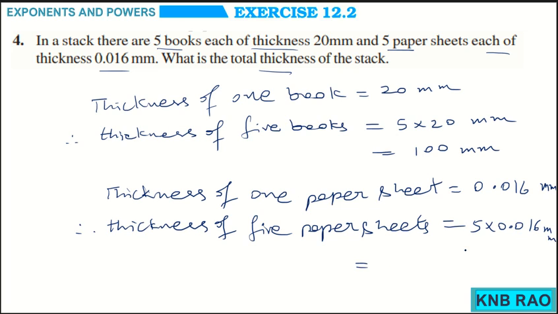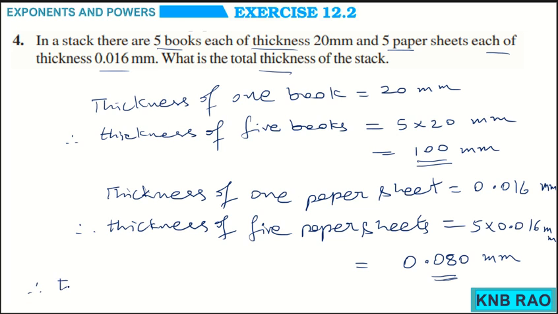If you multiply, it becomes 16 5s are 80, and here after point there are 3 decimal places, so there must be 3 decimal places, so 0.08 millimeter. So 5 books thickness and 5 paper sheets thickness together we have got.